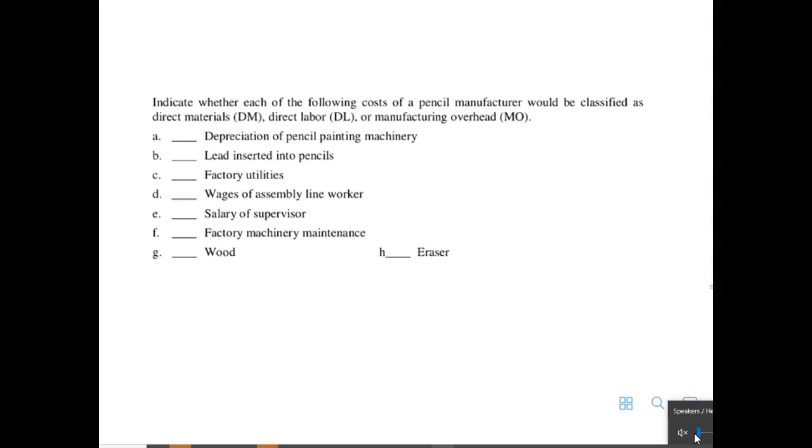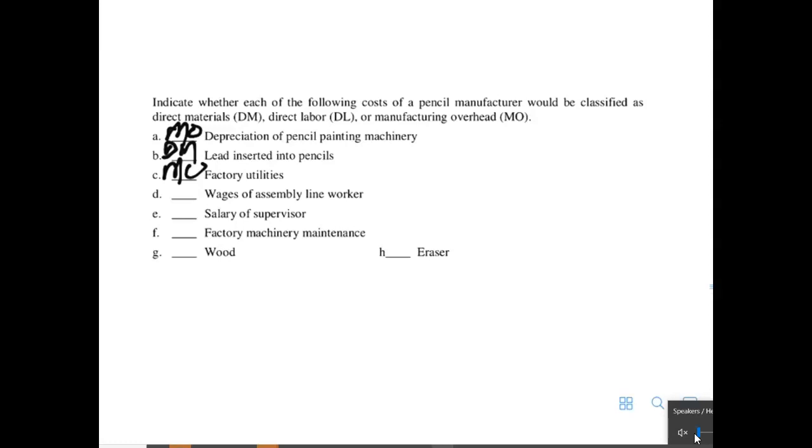Indicate whether each of the following costs of a pencil manufacturer would be classified as direct material, direct labor, or manufacturing overhead. Depreciation. Well, depreciation on equipment is always MO, manufacturing overhead. The lead inserted into pencils. Well, I can measure that. Direct material. Factory utilities. Again, that's an indirect cost, so it's manufacturing overhead.